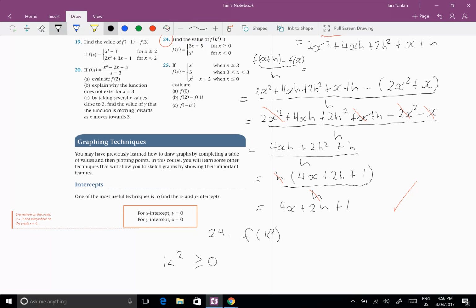So when I look at this step equation up here, for x greater than 0, I've got to use 3x plus 5. So all I'm going to do is put k squared everywhere there's an x. Well, there's only one spot.